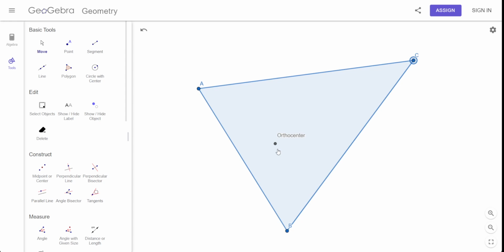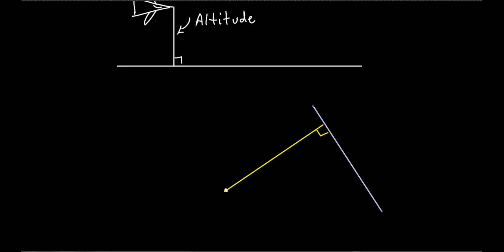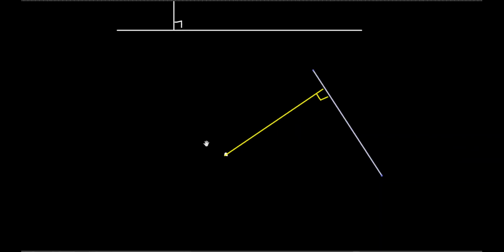Everybody got it? Okay. Let's go back to Illustrator. All right. And let's take a look at the homework. So I gave you 1 to 7 before, right?